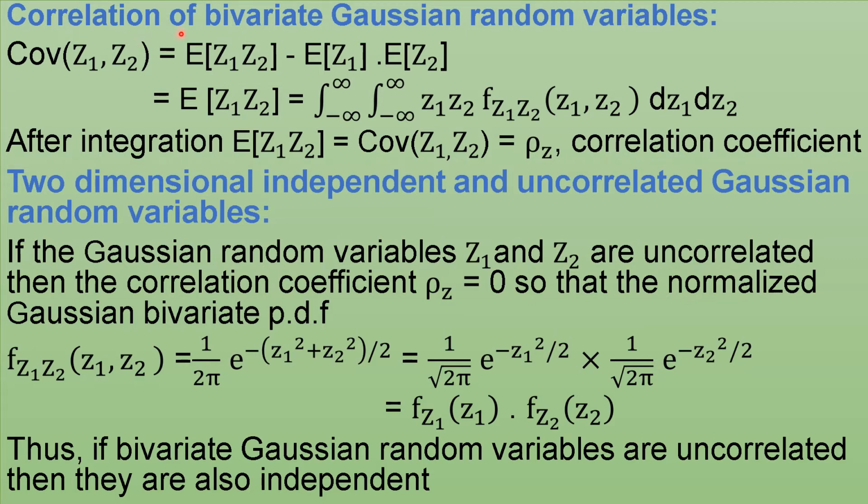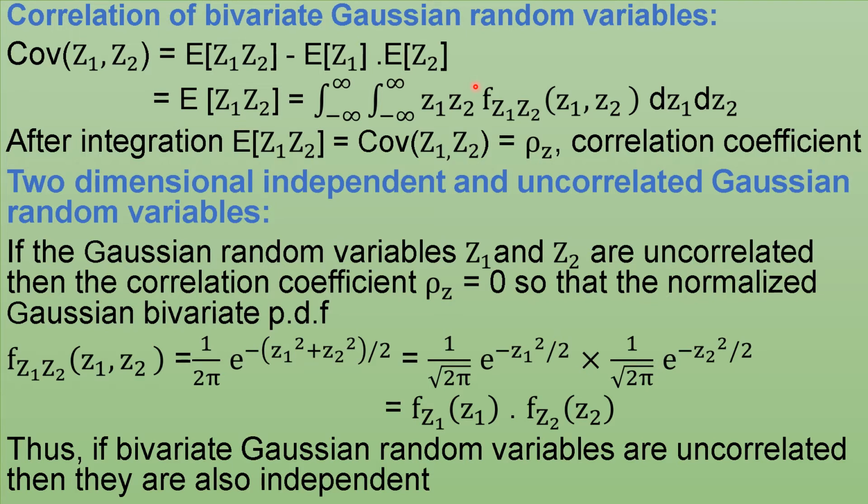Next is the correlation of bivariate Gaussian random variables. If we take the covariance of Z1 and Z2, then by definition, which you have seen in the previous topic, covariance of Z1 and Z2 is the expectation of the product Z1 Z2 minus expectation of Z1 into expectation of Z2.